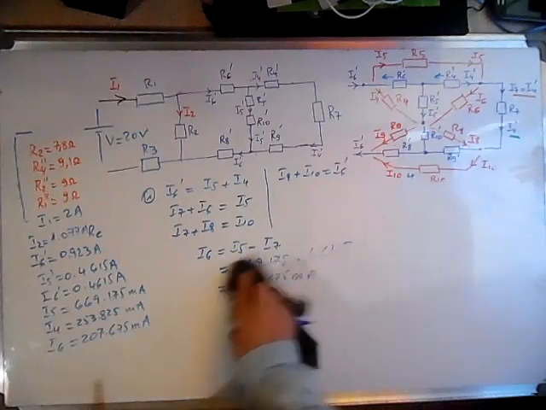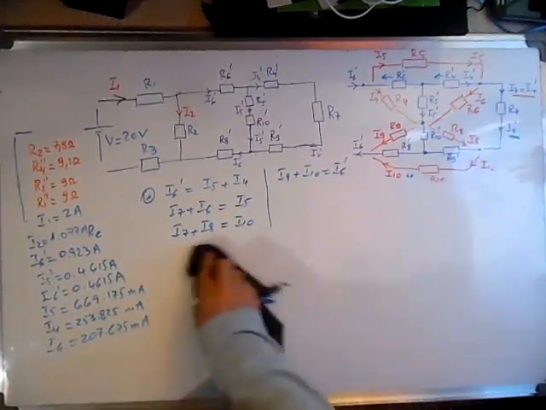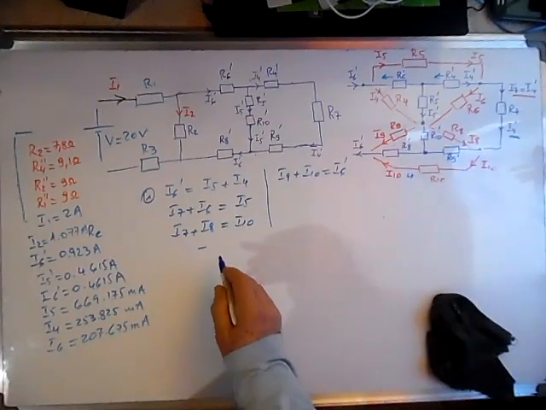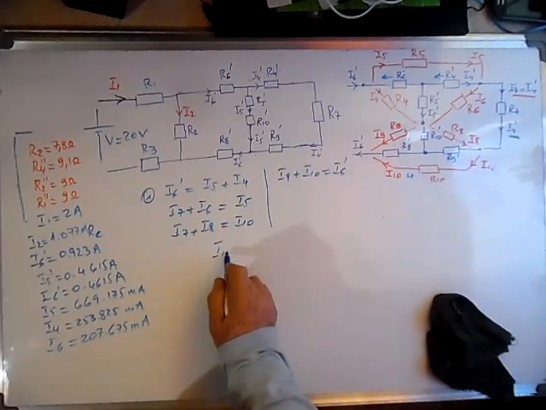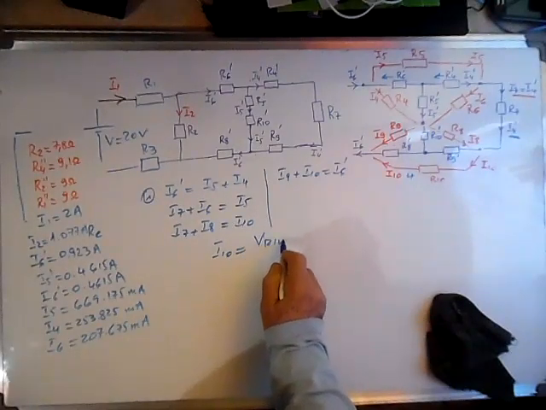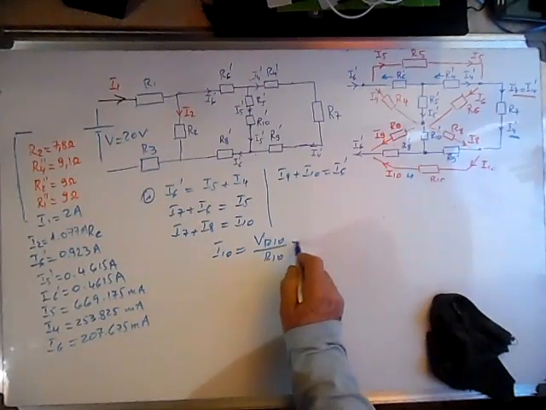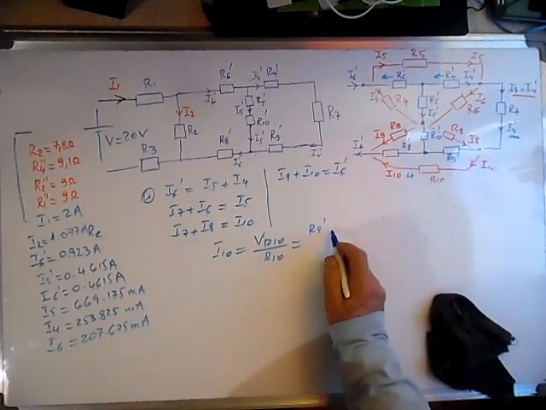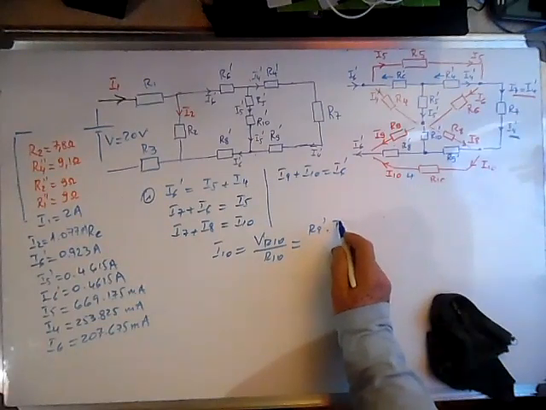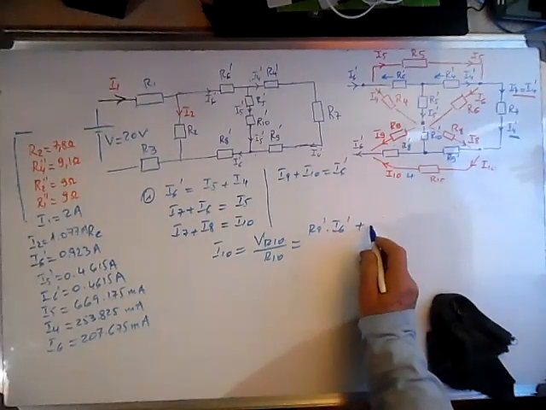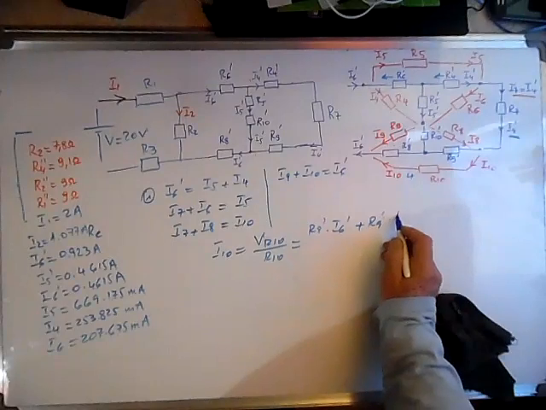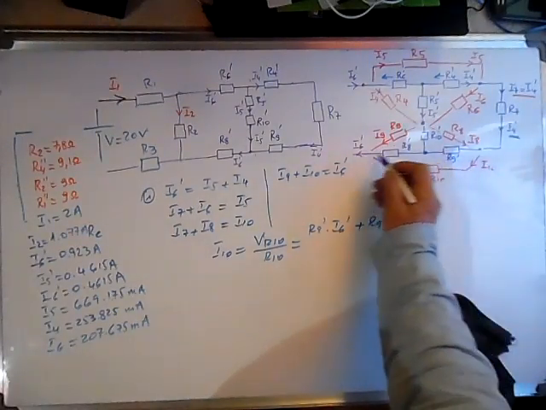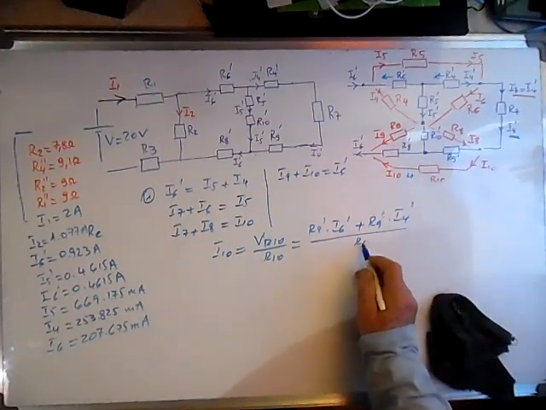Okay, now we are left with the other side. We can calculate the drop here. I10 is equal to VR10 over R10. VR10 are the drops in these resistances, R8 prime times I6 prime plus R9 prime times I4 prime. The drop in this is the current that flows here, and this is the current that flows here, over R10.